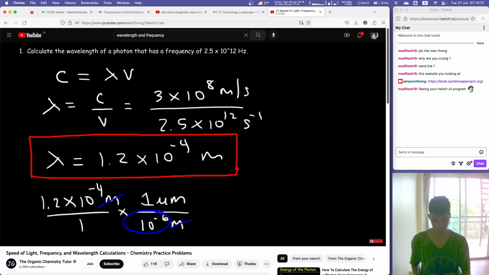You can take this number and move it to the top by changing the exponent from negative 6 to positive 6. So this is equivalent to 1.2 times 10 to the minus 4 multiplied by 10 to the positive 6.